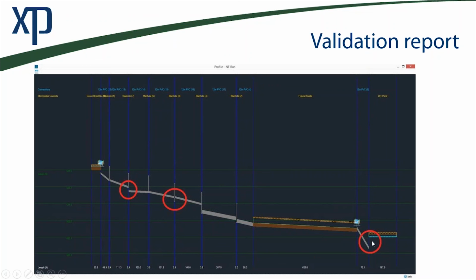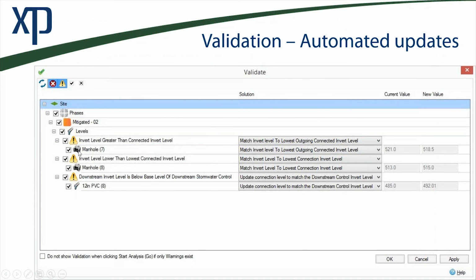And finally, down the bottom end of the screen here, we have a connection that has an invert level lower than the item it's connecting into. So if we had expanded the report, we'd have been able to see the locations where this occurred. And if we were to accept the solution offered by the validation report, the changes that would be made.